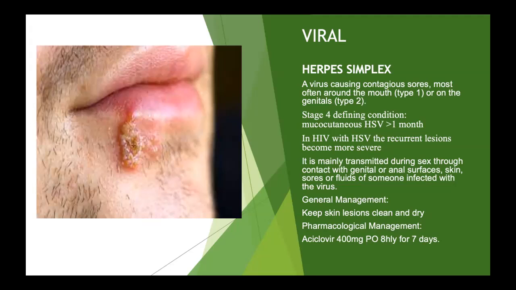It is mainly transmitted during sex through contact with genital or anal surfaces, skin, sores, or fluids of someone infected with the virus. With the general management, we just keep the skin lesions clean and dry. For pharmacological management, we use acyclovir 400 milligrams per os 8 hourly for 7 days.